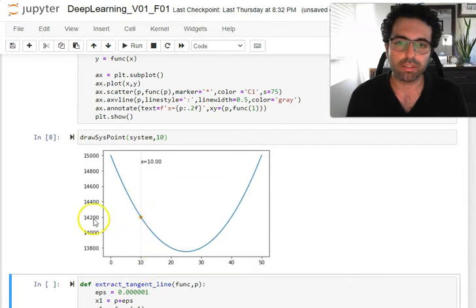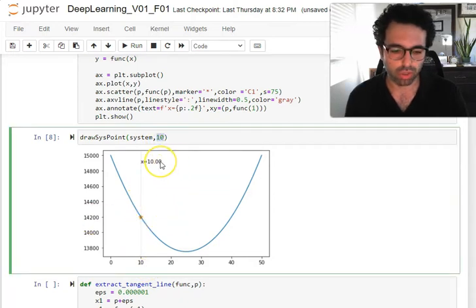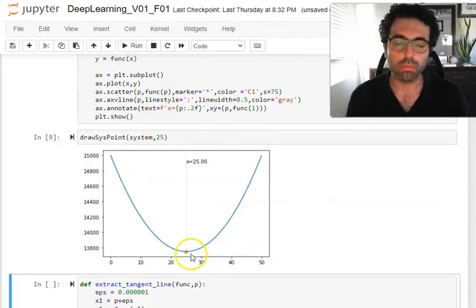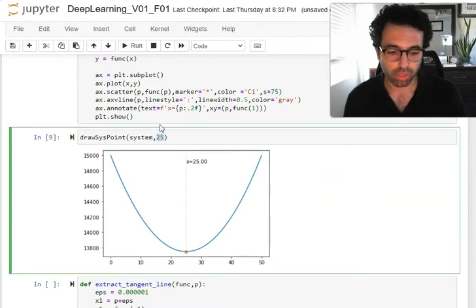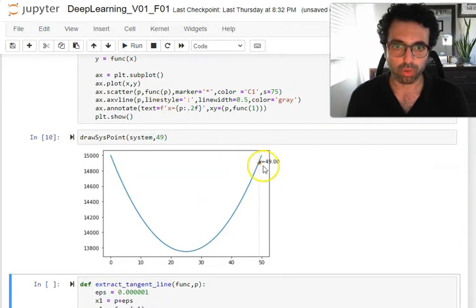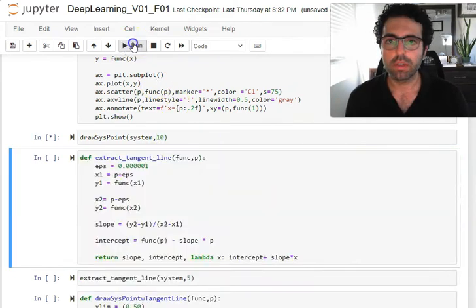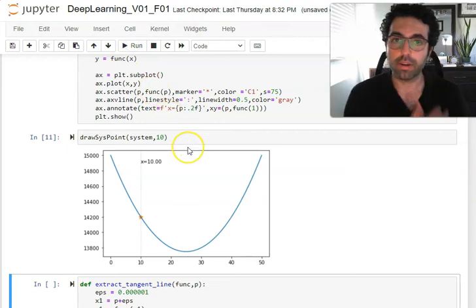And that's its value. If we change this to, let's say, 25, we go right to our optimum value, or if we move to 49, we get to over there, right? Let's go back to 10. So that's another development on this function. So we want to continue with that.